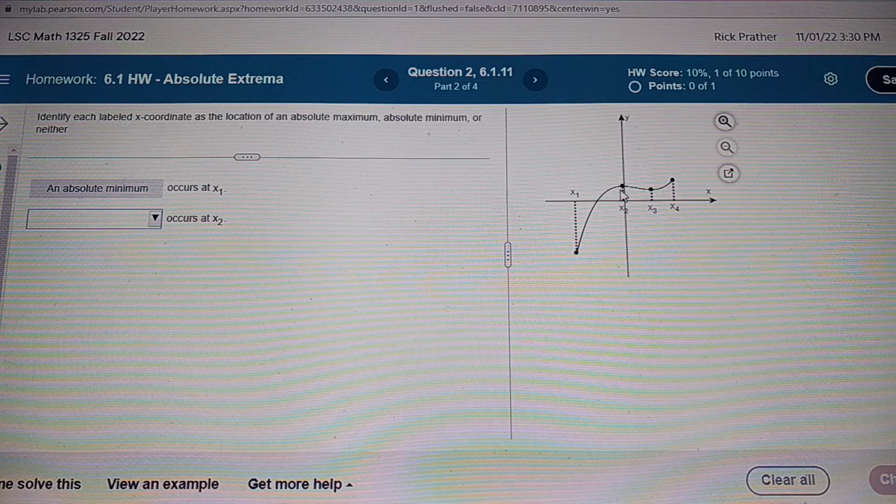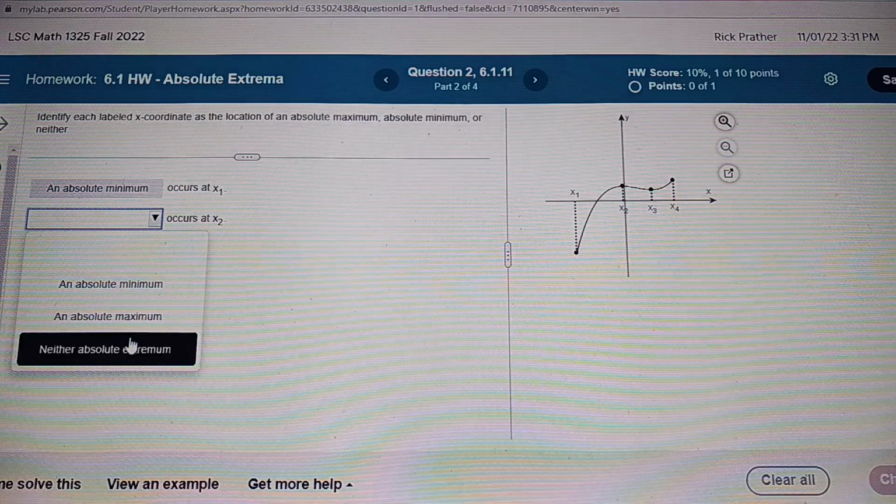And then x2 is not quite as high as x4 is. So that can't be an absolute maximum. There's a point that's higher than it in the interval that I'm working with. This would be a relative maximum because it increases first and decreases after it. This x2 is a relative maximum, but it's not an absolute maximum. x4 is higher.